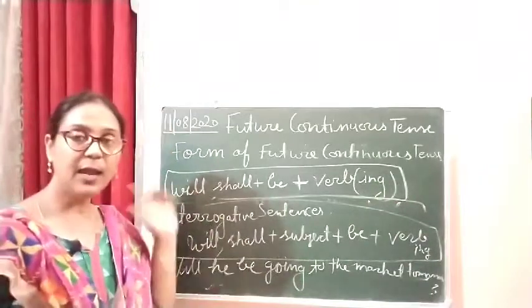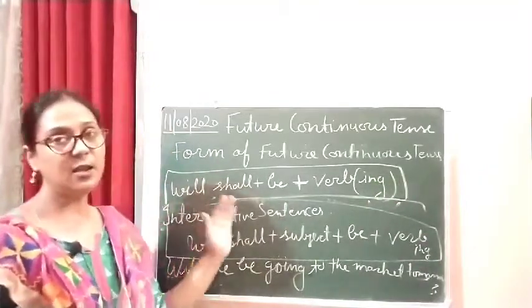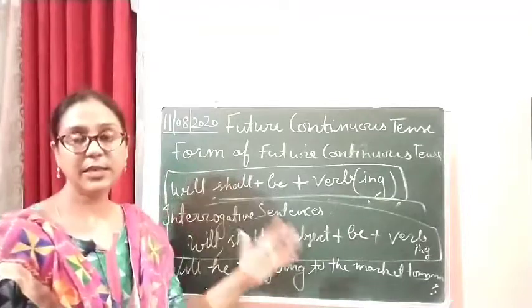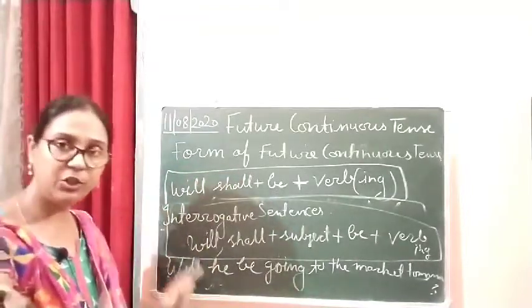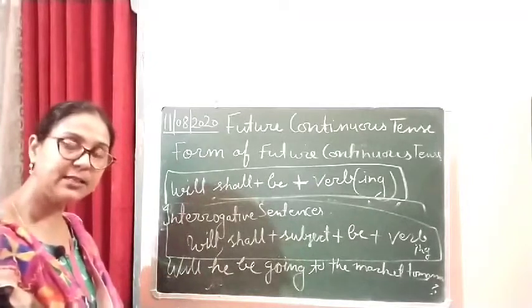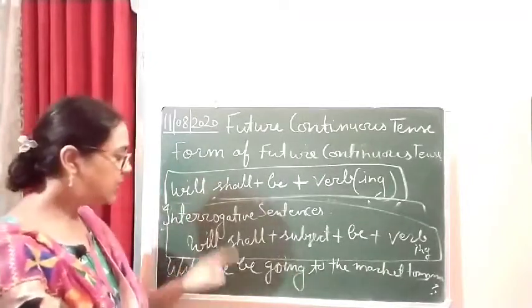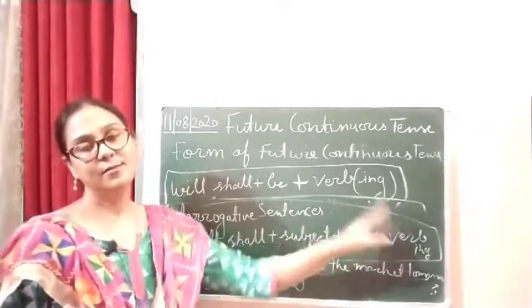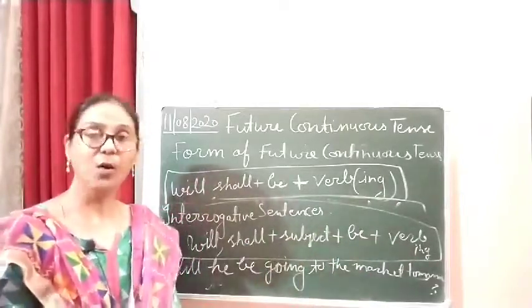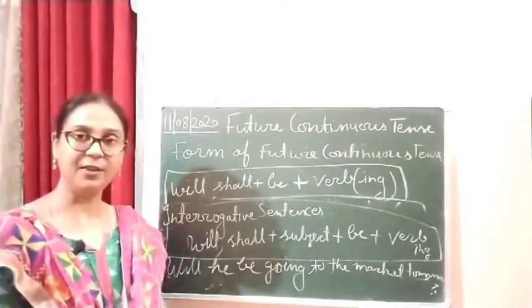To make interrogative sentences in future continuous tense, we are supposed to use will or shall at the first place in the sentence, then subject, then be and then verb with ing, and the other words of the sentence we will write after that.